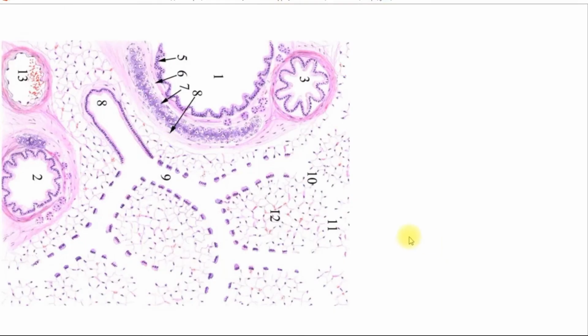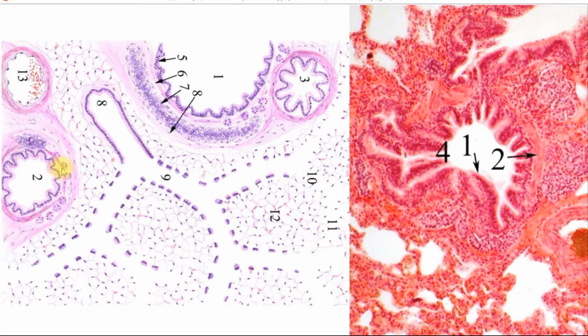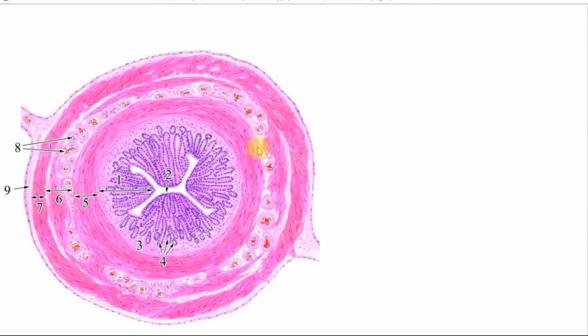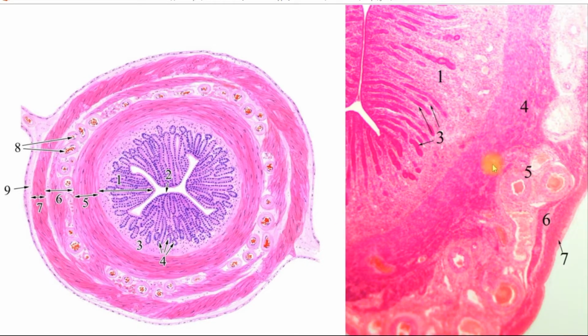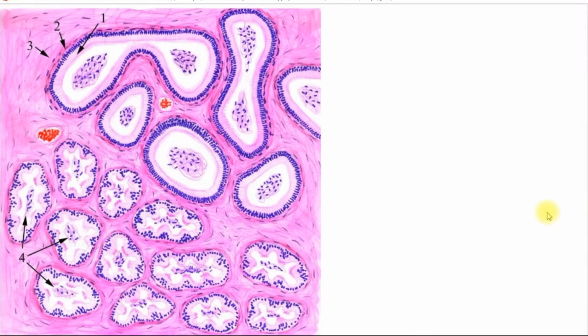It's lung, and there are bronchi and bronchioles, and in their wall we also can find smooth muscles which are necessary for contractions. And here we can see smooth muscles in the wall of the small bronchi. It's uterus, and also it has muscular layer which is necessary for the contractions. And here we can see in the uterus smooth muscles.